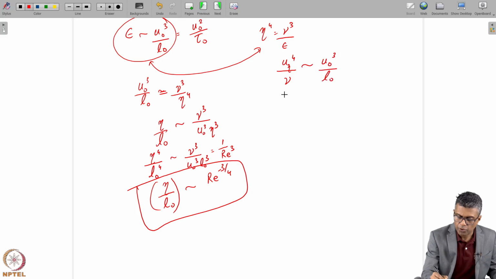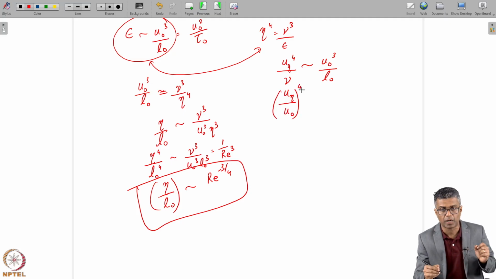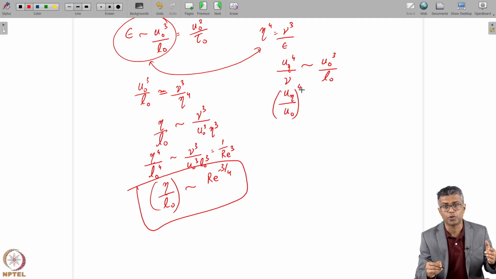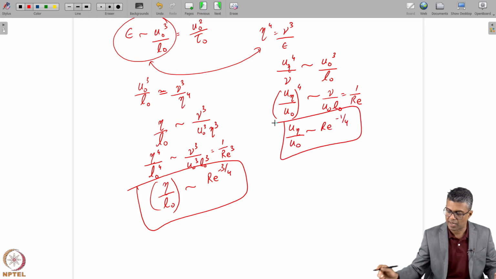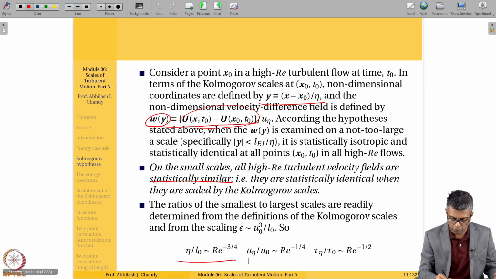So then I'll manipulate this and write this as u eta over u0, because that's the ratio I want, and I'll put it to the 4th power, which means I have multiplied by an additional u0 in the denominator, which means I will have nu over u0 L0. As you know, this is 1 over Re. So u eta over u0 is now of the order of Re to the minus 1/4. This is my second equation, as I have shown here.